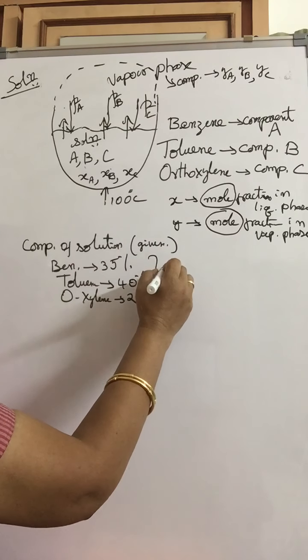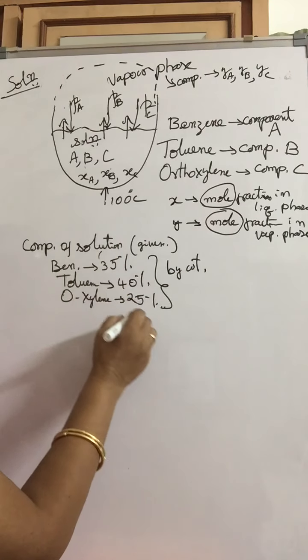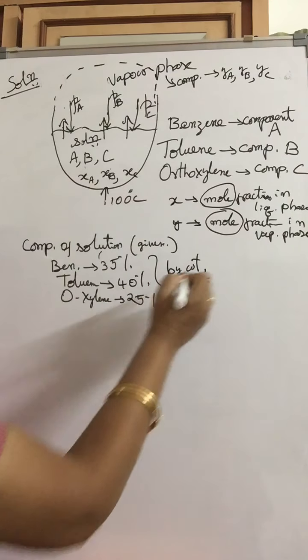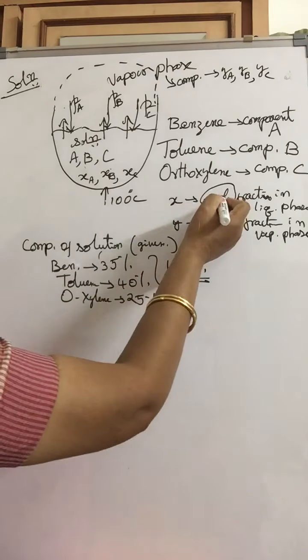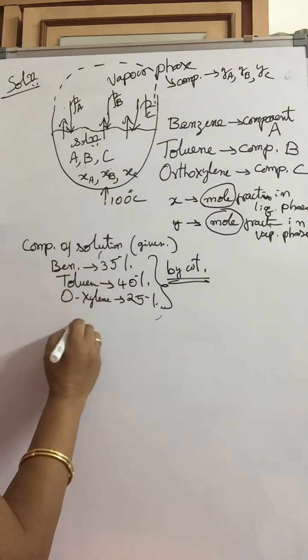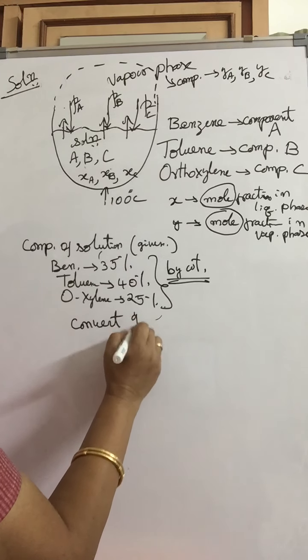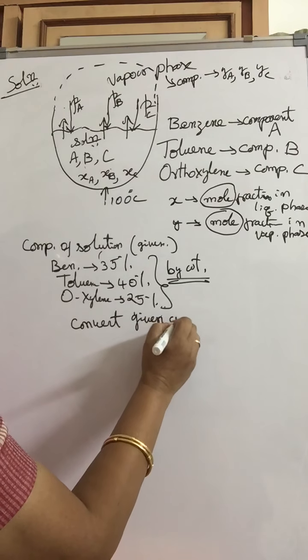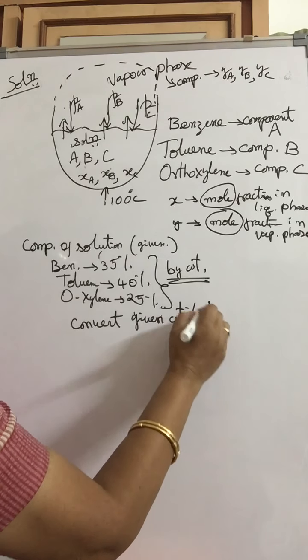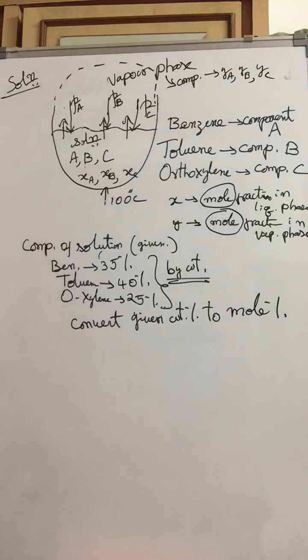This is by weight. This is more important, the given percentage is by weight. But what you need is mole fraction, that means mole percent. So the first thing we need to do is convert the given weight percent to mole percent.